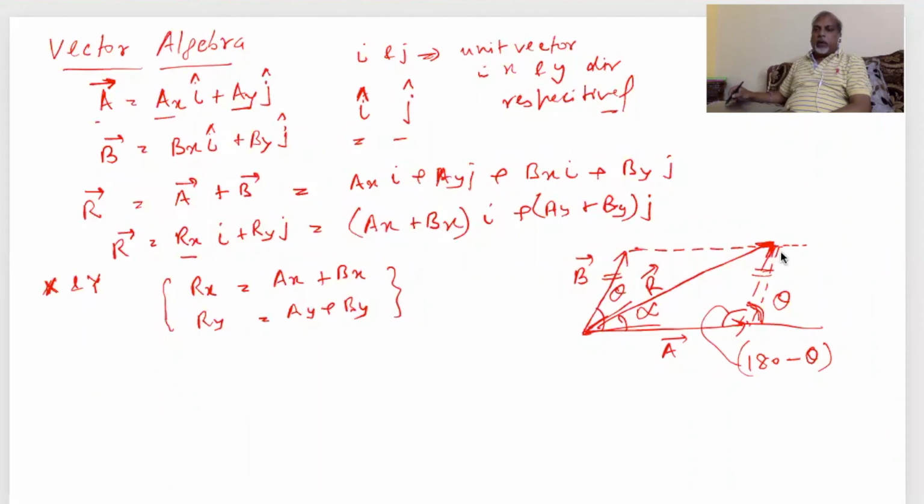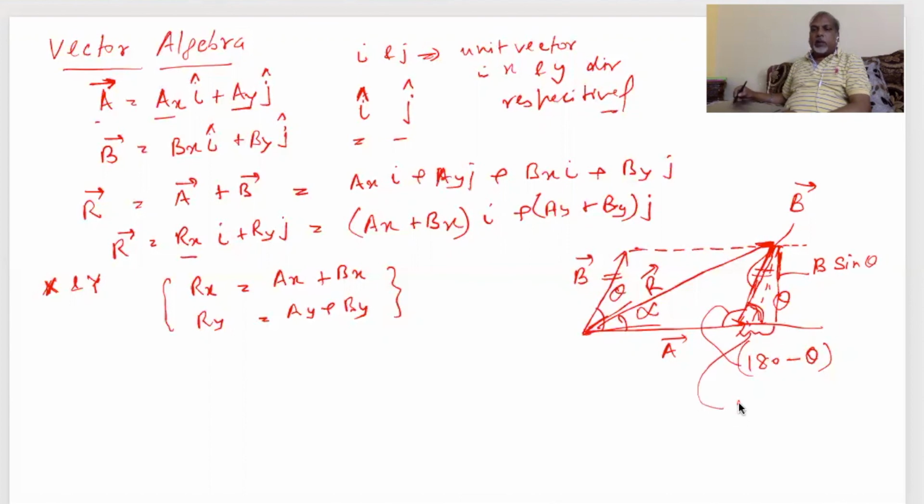And if we drop a perpendicular on this, this is your B. Naturally this will be nothing but B sin theta. And what about this?